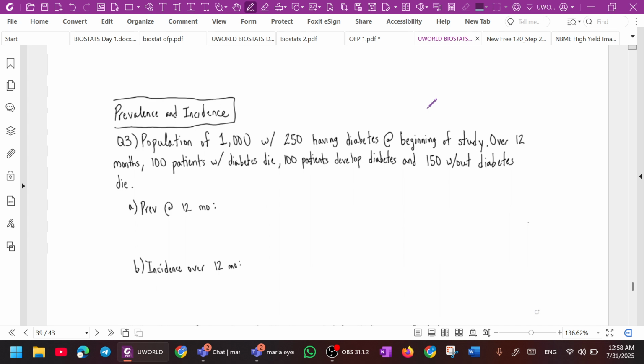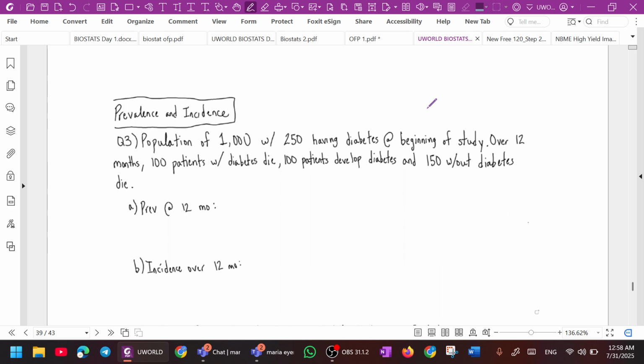We started with 1,000 minus 250. We started with 1,000 at month 0, and at the end of 12 months, 100 died, so we have 900. 100 patients developed the disease, so we take that out.